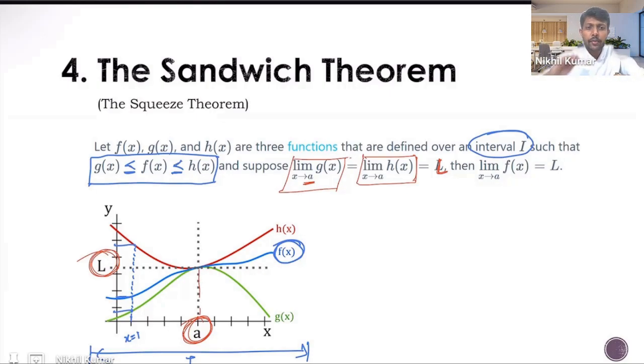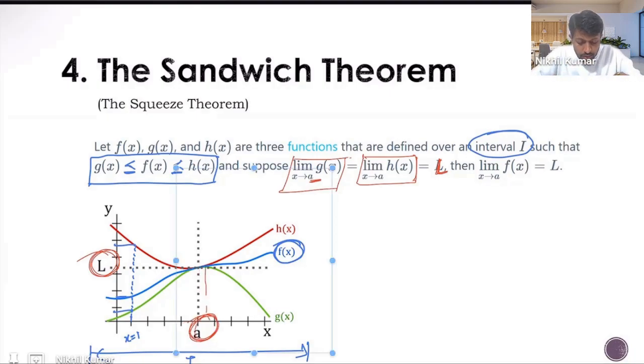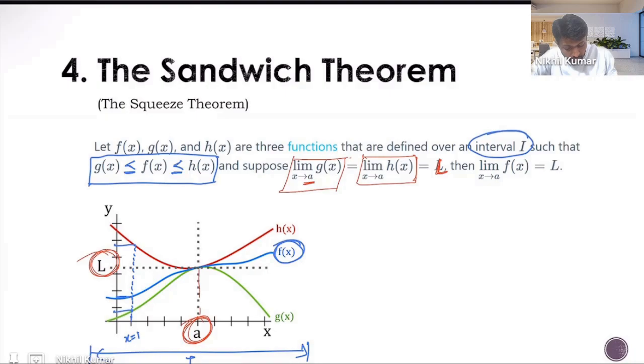In other words, f of x is sandwiched between h of x and g of x. And the limits of h of x and g of x are equal at some value of x. In such cases, the limit of f of x at that point A will also be equal to L.